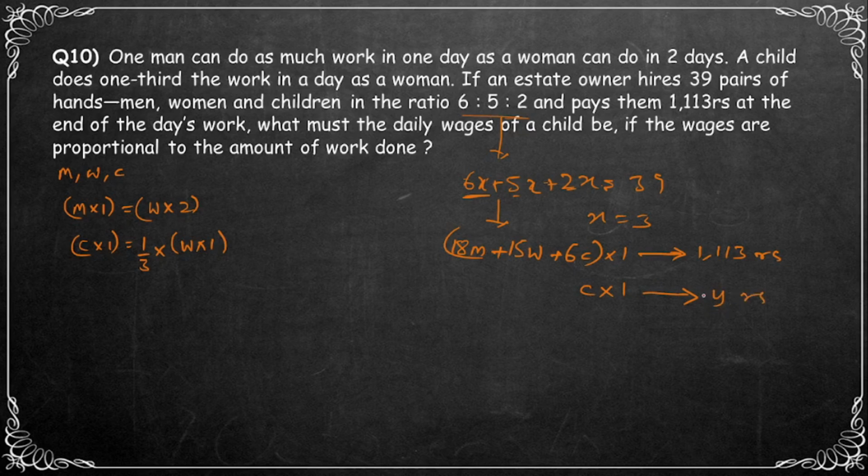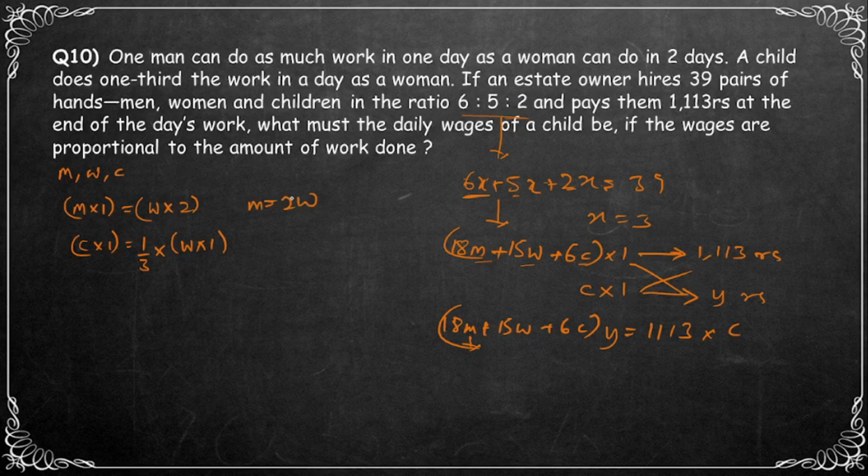We need to find Y. In order to find Y, we need to eliminate M and W. We have to write in terms of C. First we will cross multiply this, right? So 18M plus 15W plus 6C is equal to 1,113 into Y, of course, into C. So now M is nothing but 2W, right?